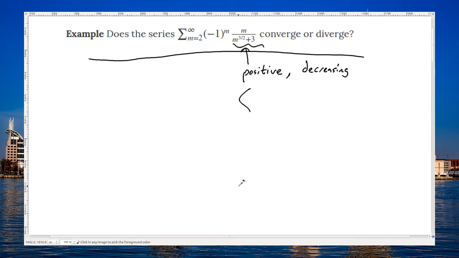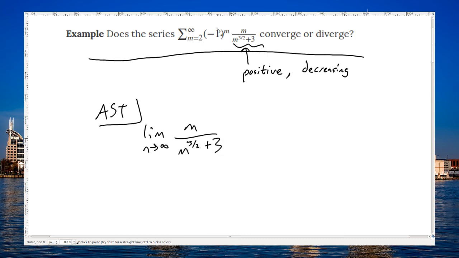And the important part of the alternating series test that we need to check is the limit as n goes to infinity of whatever the sequence is once you get rid of the negative bits. And in this case, in order to prove this, you could use L'Hopital's rule by changing it into real numbers. Oh, sorry, these are m's going to infinity here.